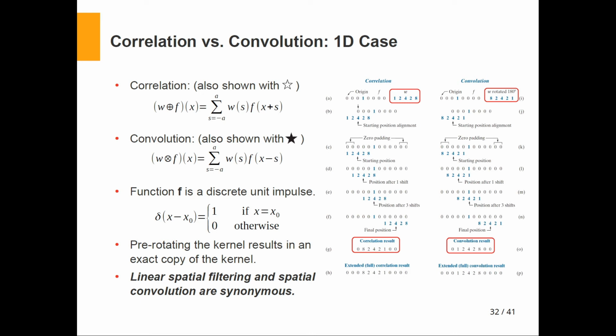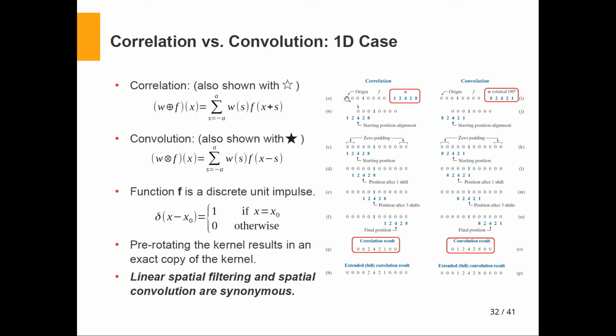To do that, let's assume a simple one-dimensional kernel: 1, 2, 4, 2, and 8. And let's apply this kernel to a function f that looks like 0, 0, 0, 1, 0, 0, 0, 0. This function is usually called a discrete unit impulse, and its definition in the discrete domain is like this: delta of x minus x0 is 0 everywhere except where x equals x0.